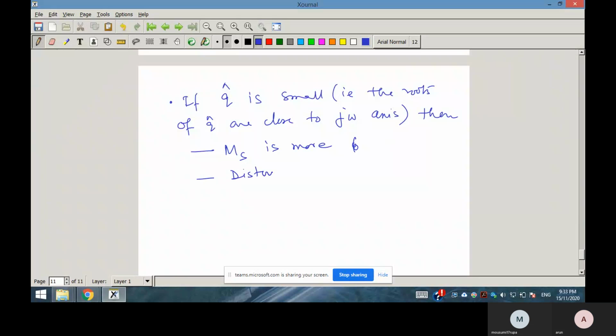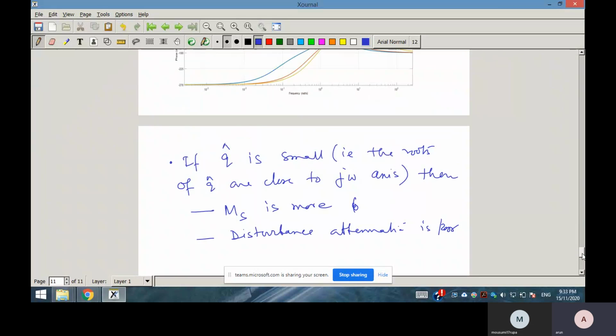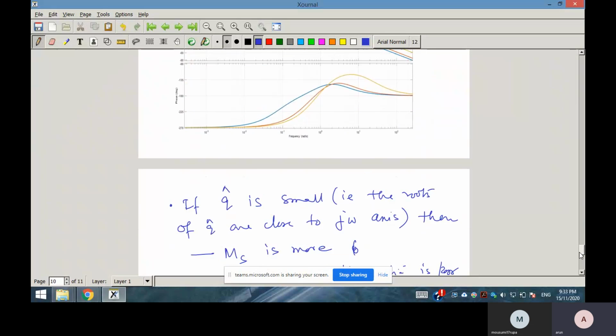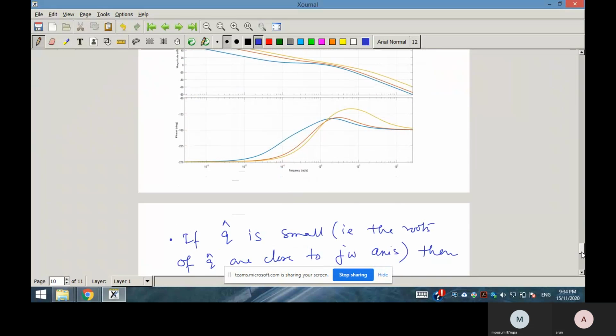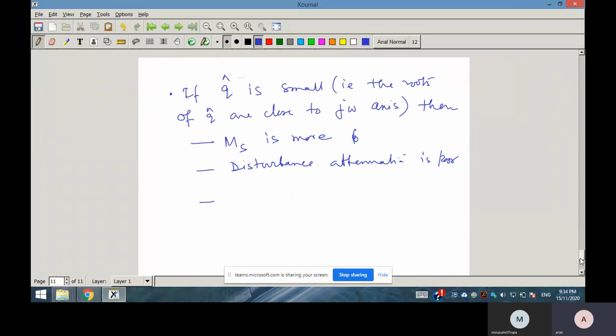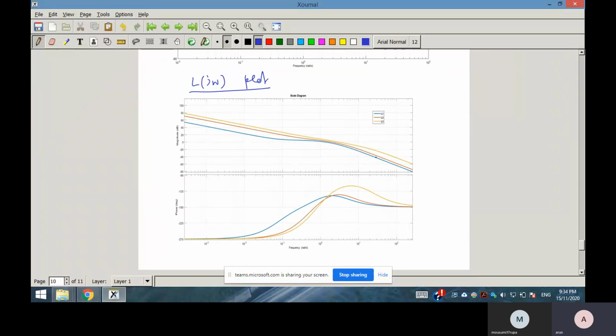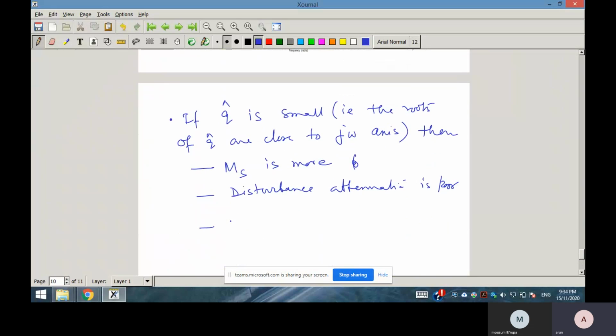Disturbance attenuation is poor. Why is disturbance attenuation poor? Because here at low frequency the gain is less compared to the others. And what about noise attenuation? You see that the high frequency gain is less compared to the others, so noise attenuation is better.